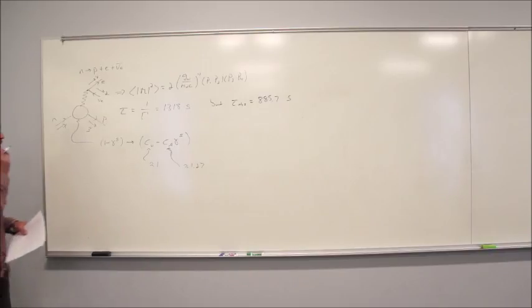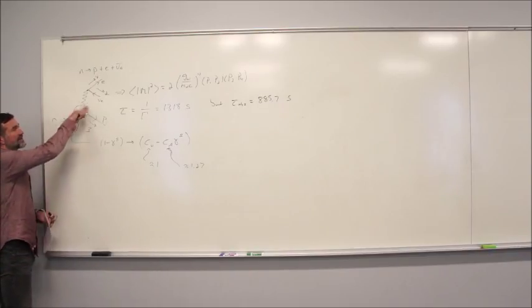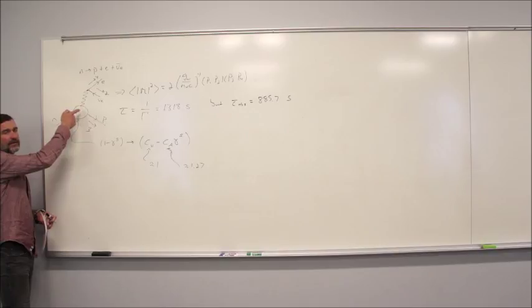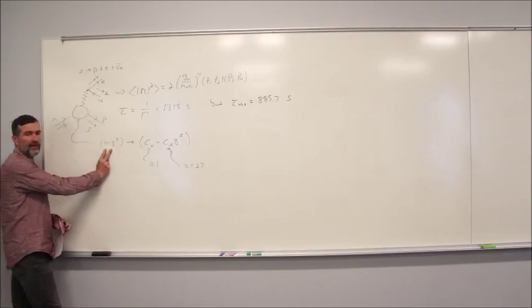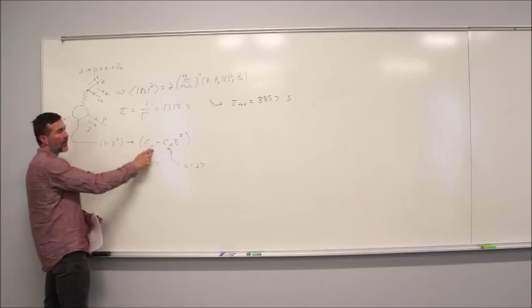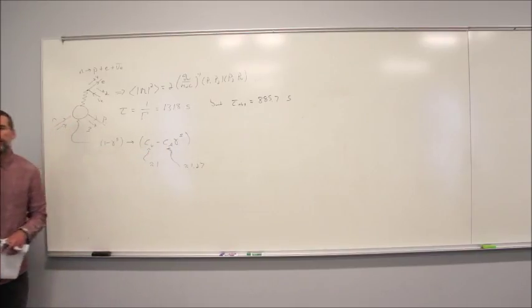So you can do this as an effective vertex and get close to the right answer. You're just not going to use 1 minus gamma 5 where it would normally appear. You're going to use 1 minus 1.27 gamma 5.